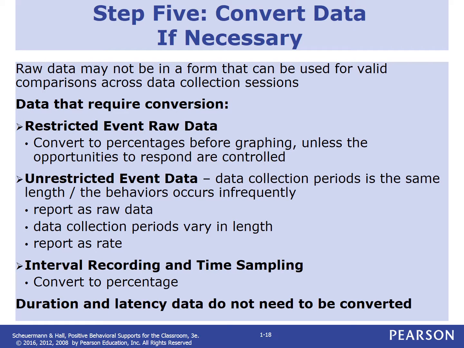Unrestricted event data. Data collection periods the same length, the behaviors occur infrequently: report as raw data. Data collection periods vary in length: report as rate. Interval recording and time sampling: convert to percentage. Duration and latency data do not need to be converted.